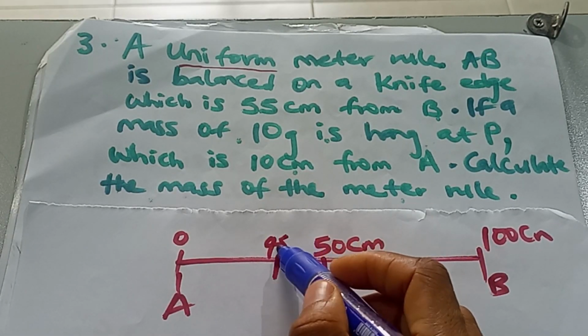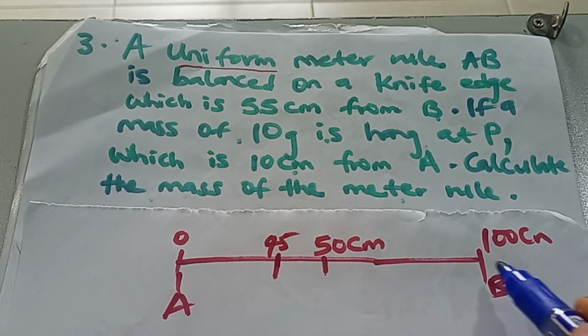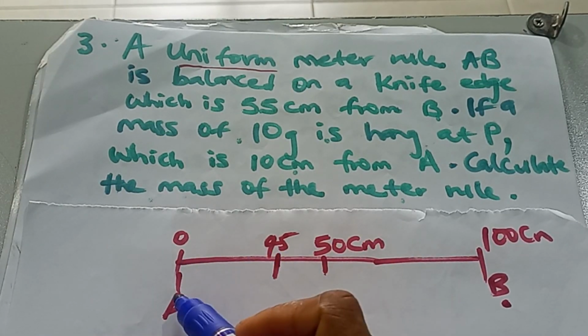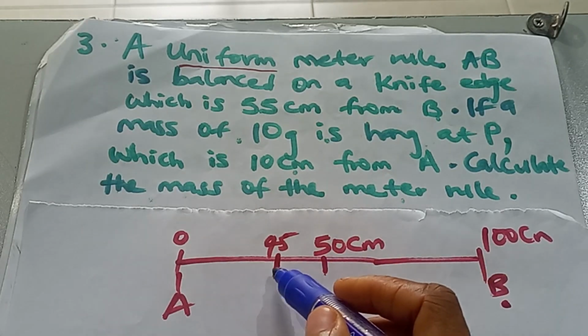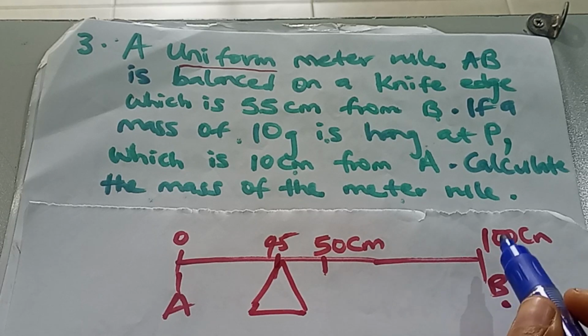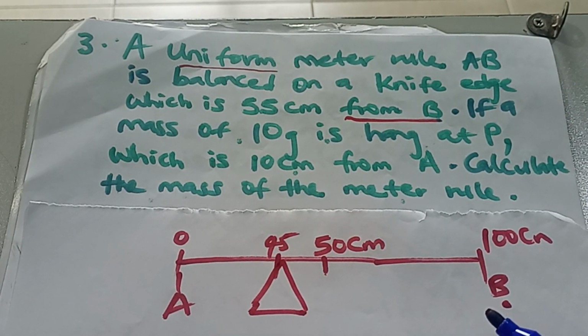Remember, it's 100, so if it's 55 cm from B, it then means it's 45 cm from A. Once you miss it here, it's going to affect you. So that knife edge must be 55 cm from B and 45 cm from A.